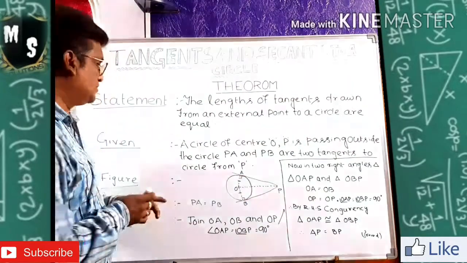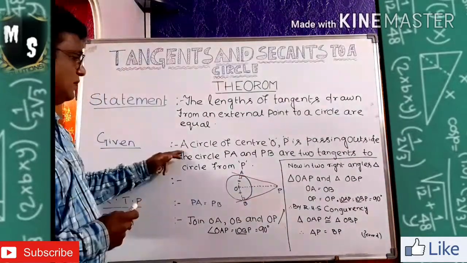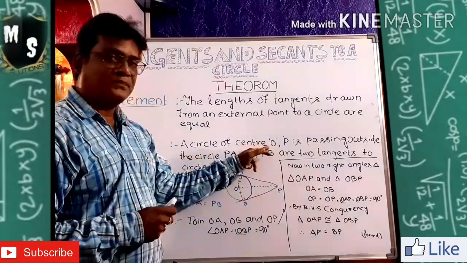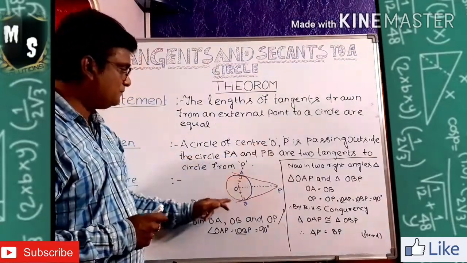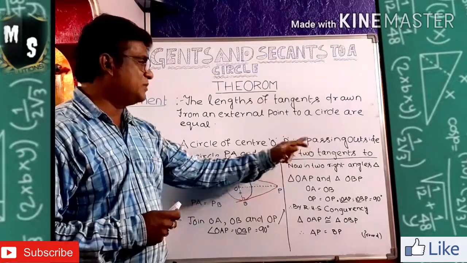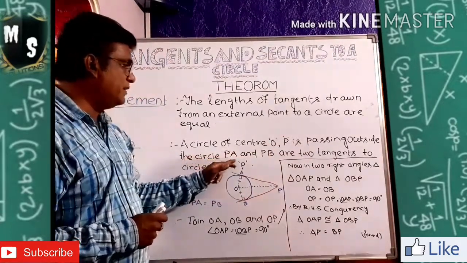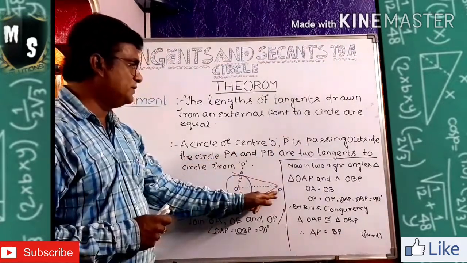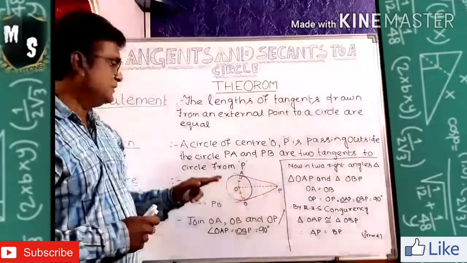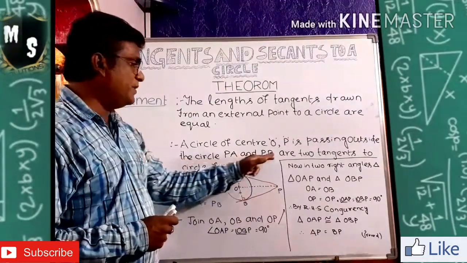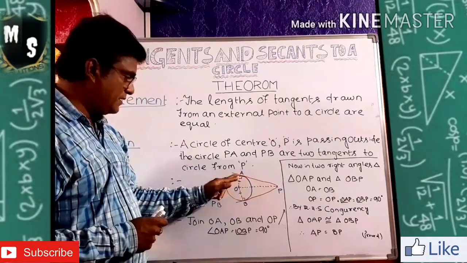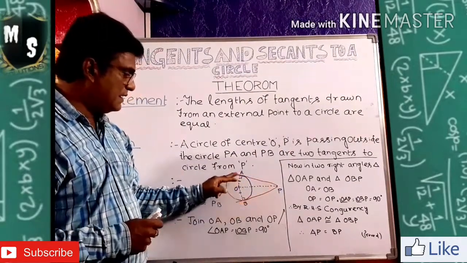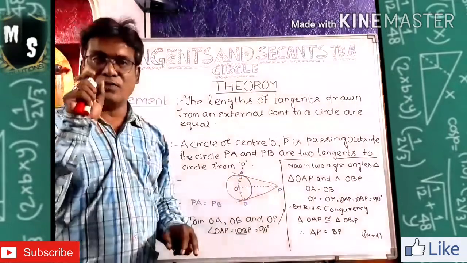So now you see, given is a circle. I took a circle of center O. And P is a point outside the circle, and PA and PB are two tangents, P to A and P to B. Clearly they are touching the circle at one point only.